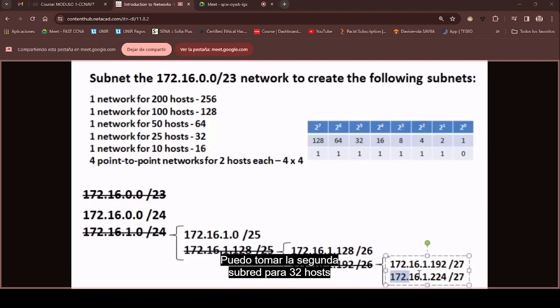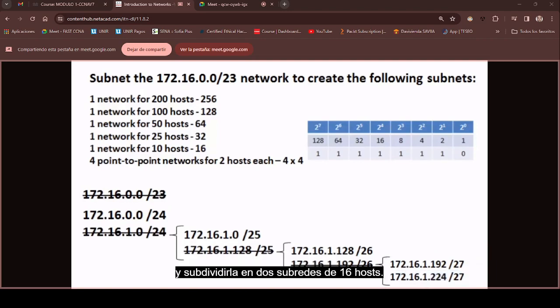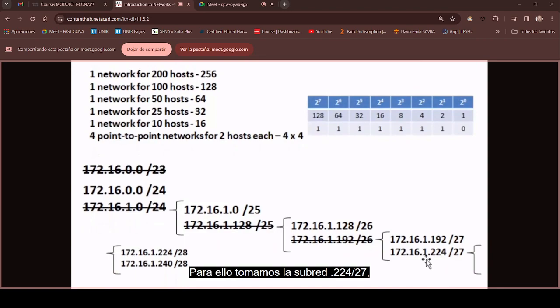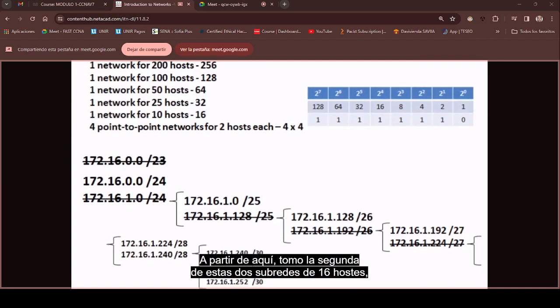I can take the second of these two subnets for 32 hosts and subdivide them to two 16-host subnets. To do this, we take the 224 /27 subnet, change the subnet mask from /27 to /28, and now I have two smaller subnets. From here, I take the second of these two 16-host subnets. I only need one.